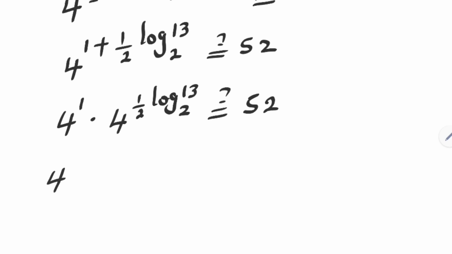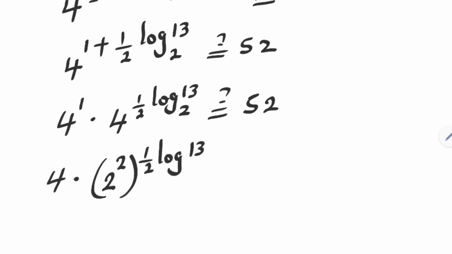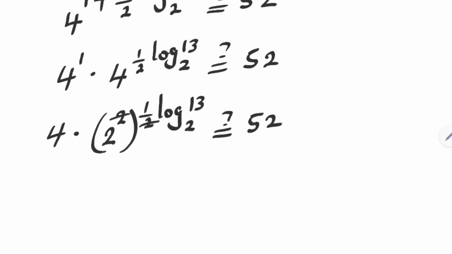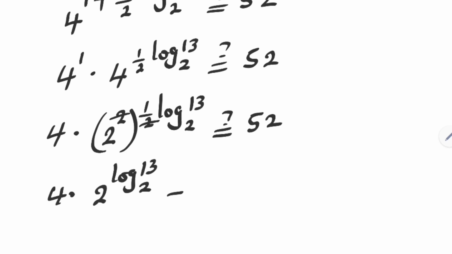Here we have 4 raised to power 1 is 4 multiplied by this, which can be written as 2 squared to the power of 1 over 2 log 13 base 2 must be equal to 52. These two cancel these two. We have 4 multiplied by 2 raised to power log 13 base 2 must be equal to 52.